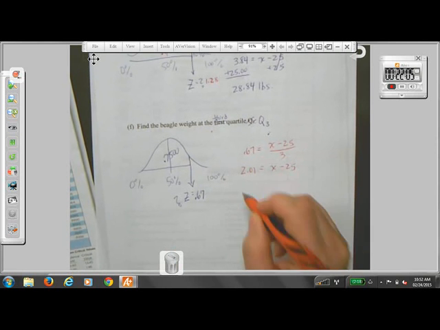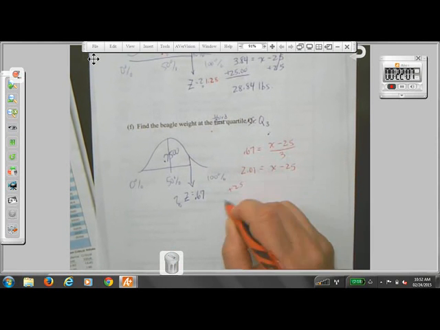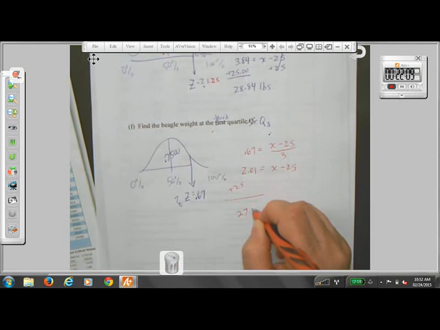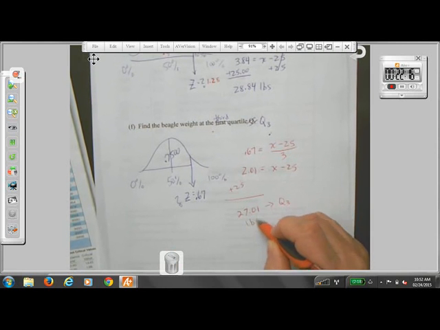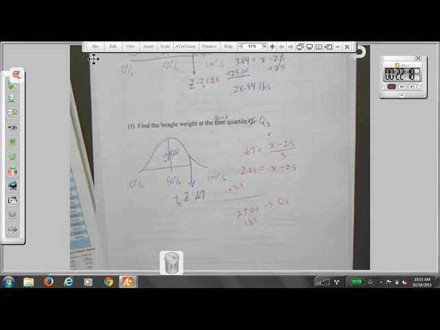Adding the 25, we get 27.01 is at the third quartile. And that is a weight, so that's in pounds. So 27.01 pounds is the beagle weight at the third quartile.